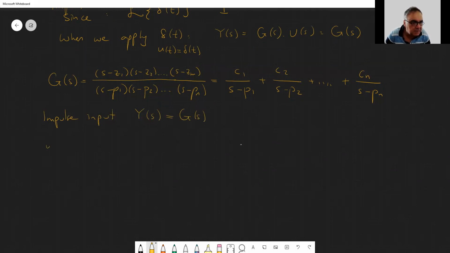So y of t is the inverse Laplace transform of g of s, which is the inverse transform of all these terms, which, okay, let me write it, c1 over s minus p1 plus.